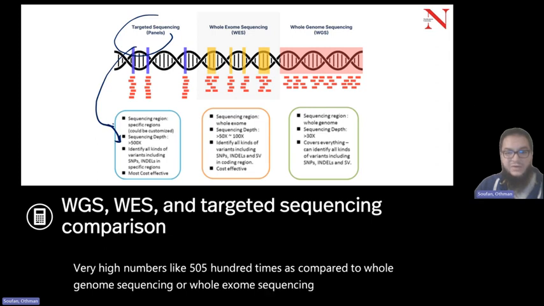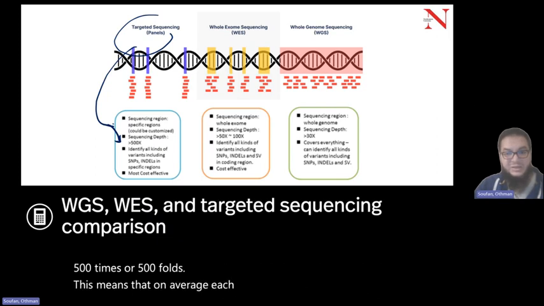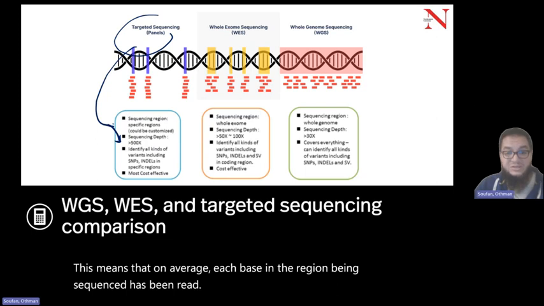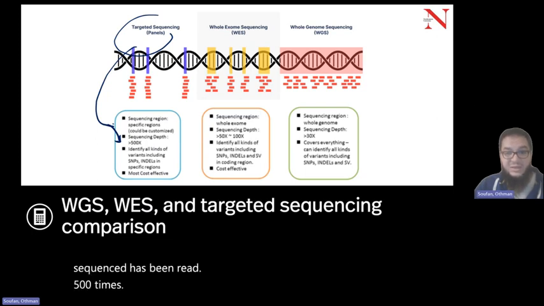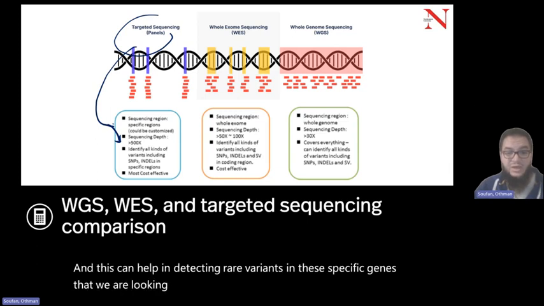And when I say 500 times or 500 folds, this means that on average, each base in the region being sequenced has been read 500 times. And this can help in detecting rare variants in these specific genes that we are looking into.